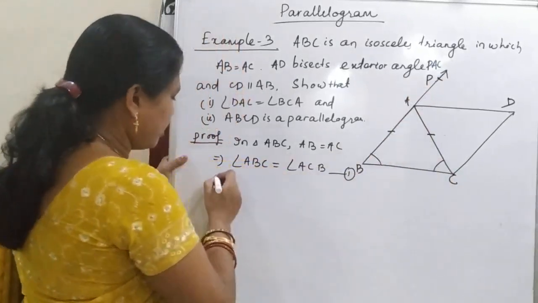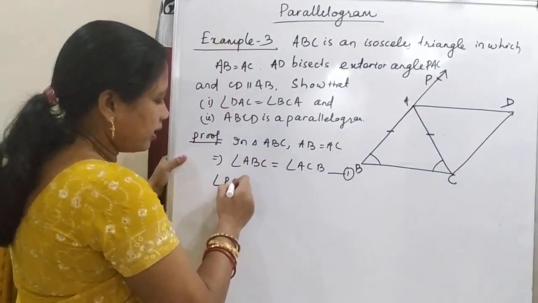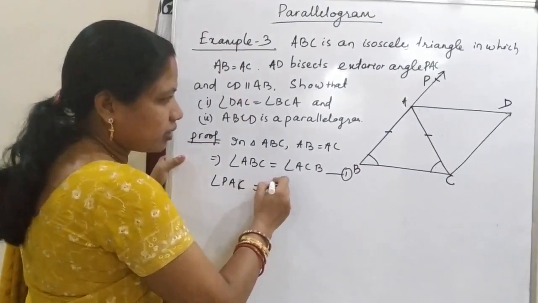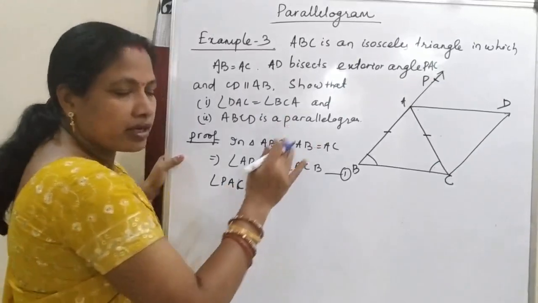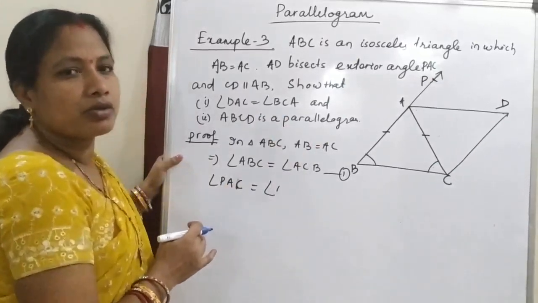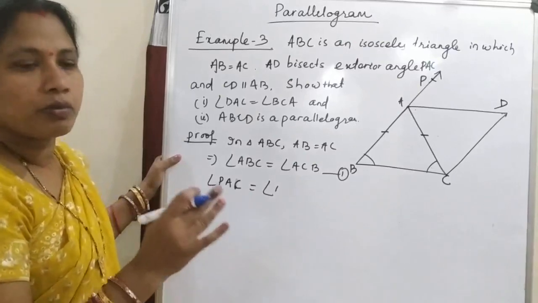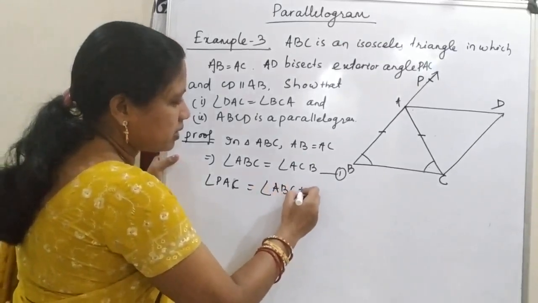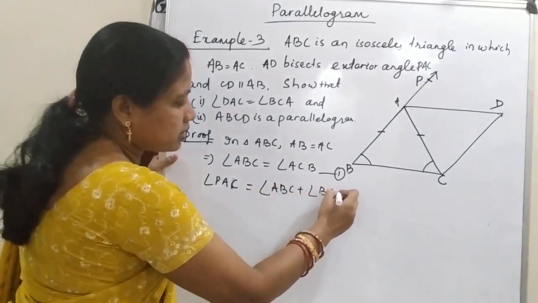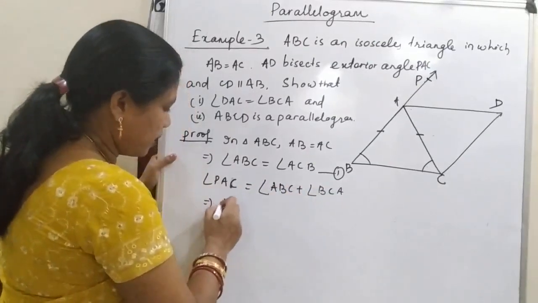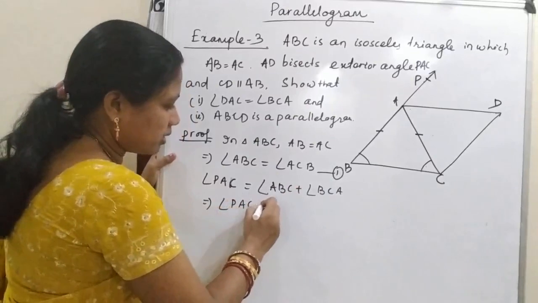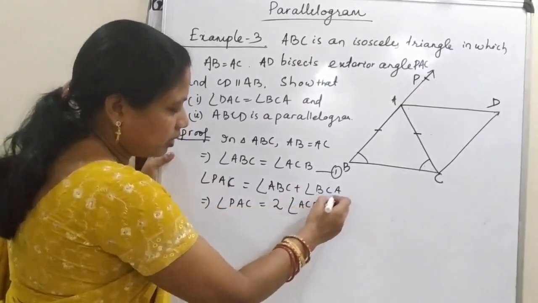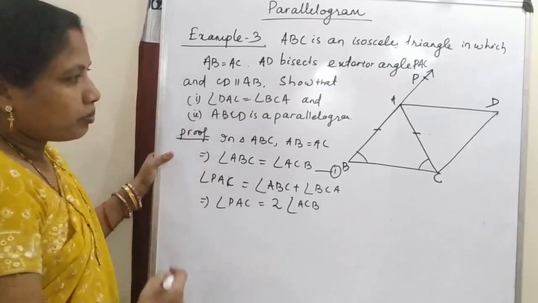PAC is the exterior angle of triangle ABC. The exterior angle of a triangle is equal to the sum of the two interior opposite angles. So angle PAC is equal to angle ABC plus angle BCA, or this implies angle PAC is equal to twice angle ACB.